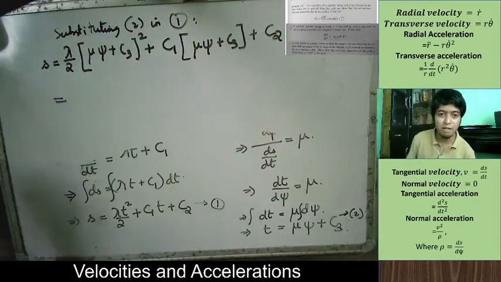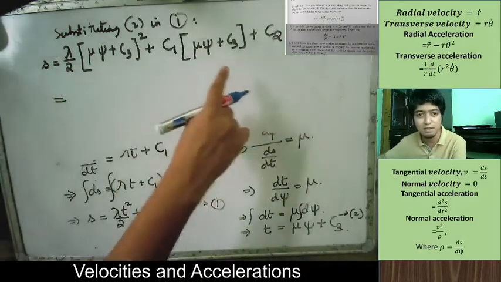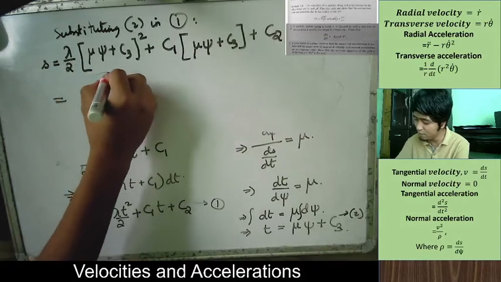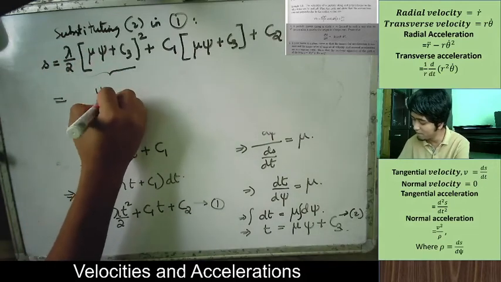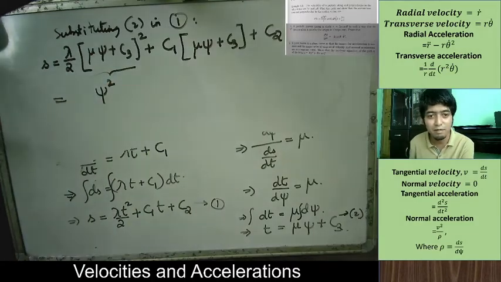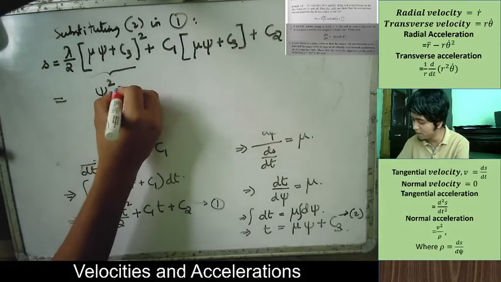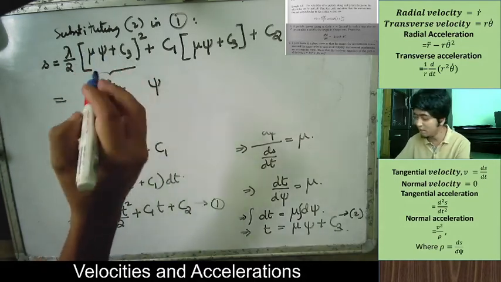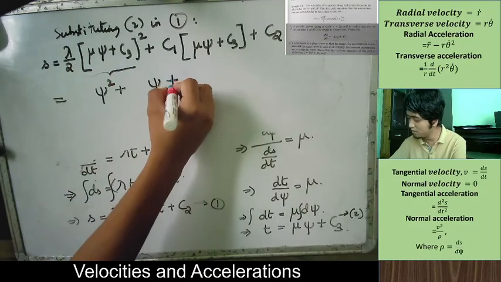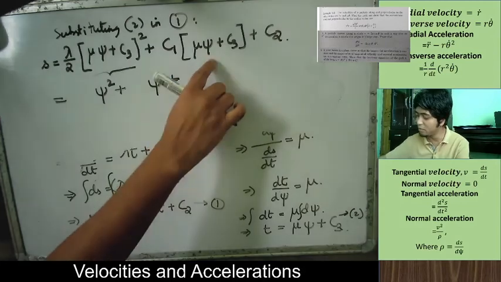If you simplify this, these are all constants. If you expand using the formula, you get a term containing psi squared, a term containing psi, and a constant. Similarly, here we have a term containing psi.